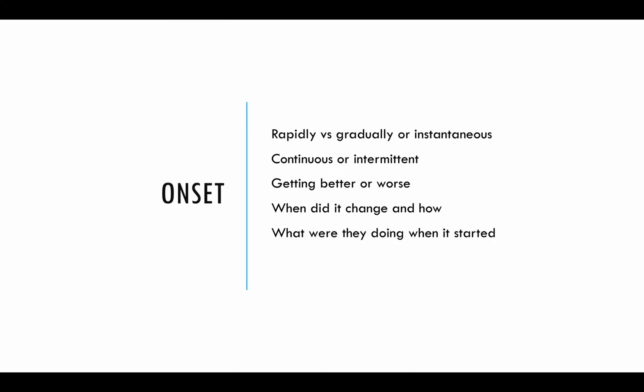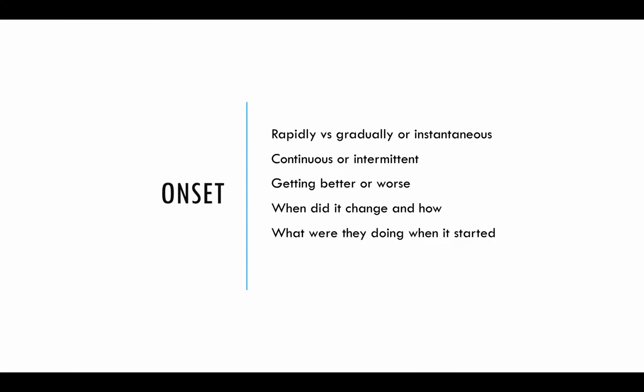Then we talk about onset. Onset's important. There's really rapid onset, which we would describe as over a couple of minutes. Then there's gradual onset, which may build up over hours to days, and then instantaneous, so that's your sudden onset. That's when we talk about things like subarachnoid hemorrhages and their headaches.